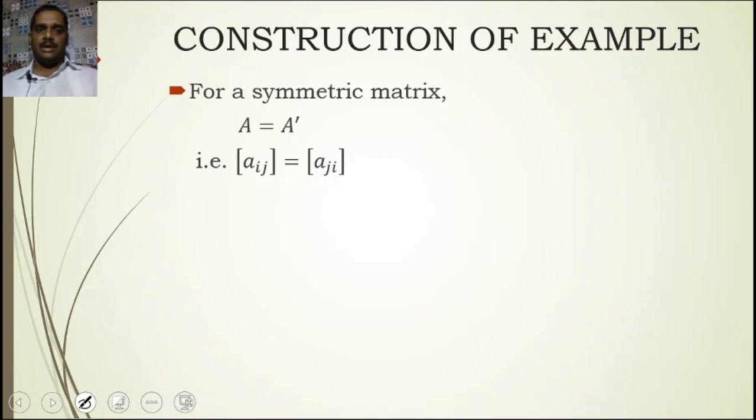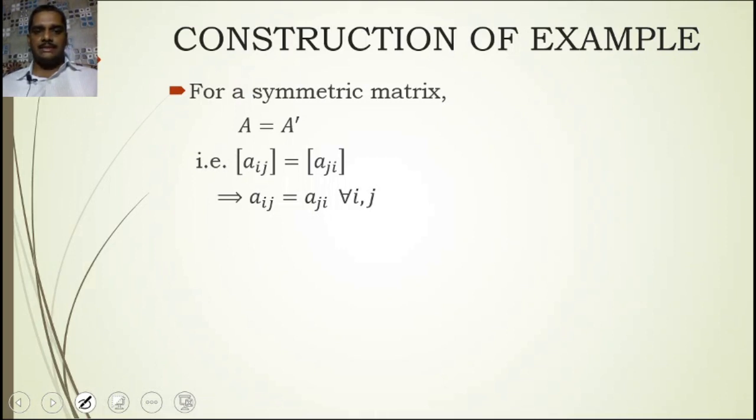If A is a matrix of order n by n, the transpose of A will also have order n by n. So the order we need not worry about. The second point of equality is that each corresponding element should match. So by using that we can say Aij equals Aji for all i, j. For each i, j value, Aij will equal Aji.